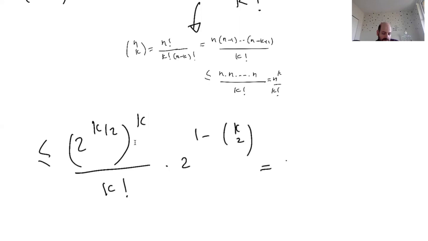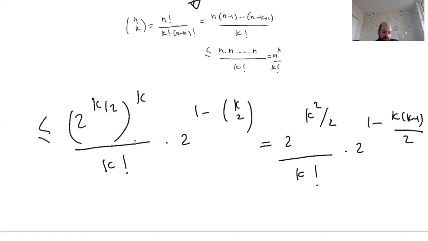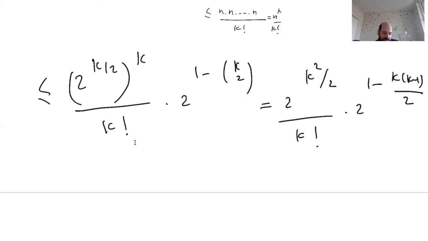Now 2 to the power 1 minus k choose 2 means k times k minus 1 over 2. And if we simplify this, k squared over 2 and minus k squared over 2 cancel. So it's going to be 2 to the power 1 plus k over 2, divided by k factorial.